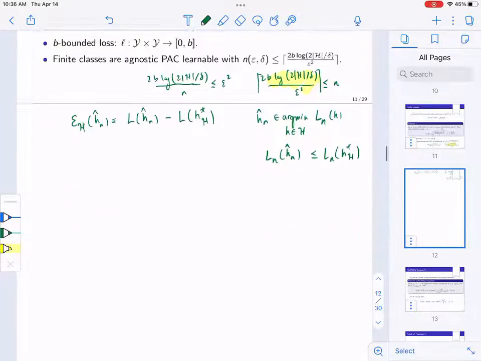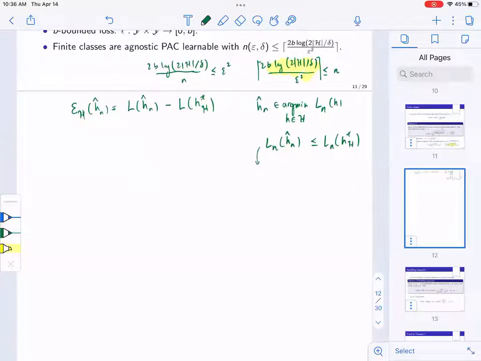So now we rearrange this. This is telling me L n h star minus L n h hat n is bigger than or equal to 0. Now I can add this because it's bigger than or equal to 0. Add this to this, and I get an upper bound.